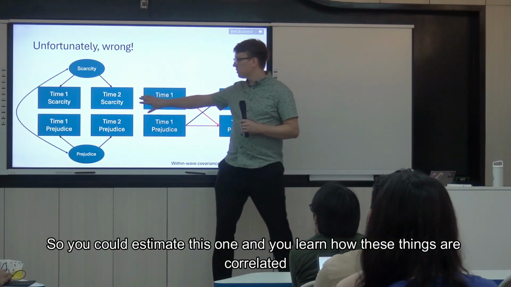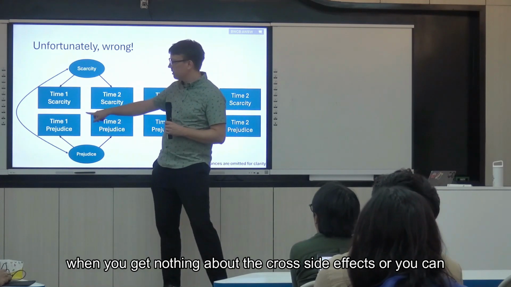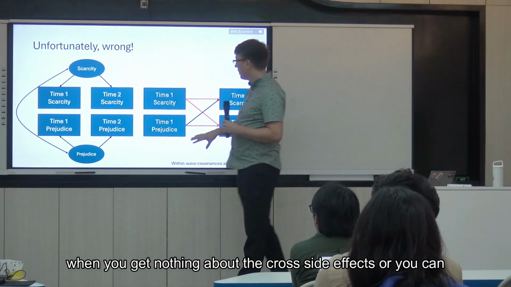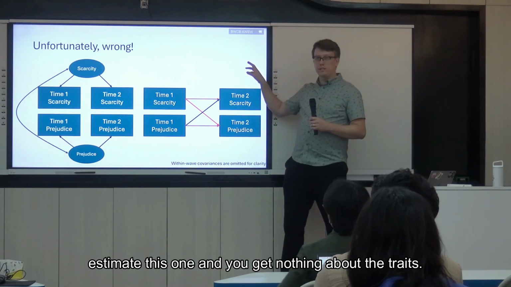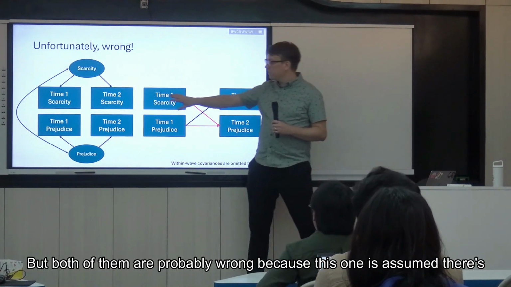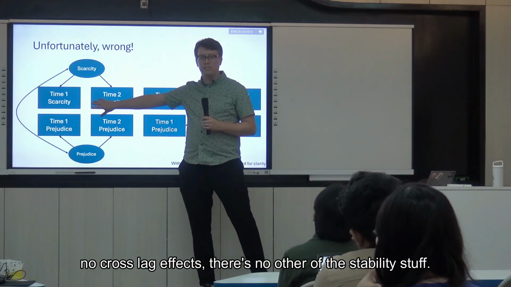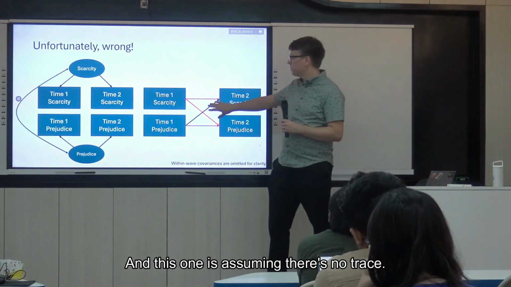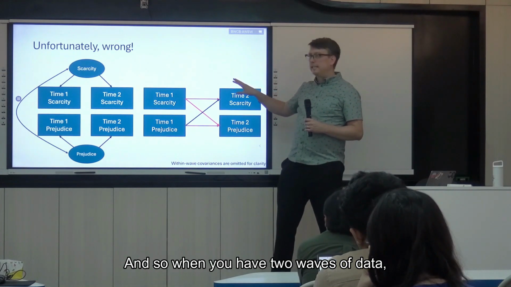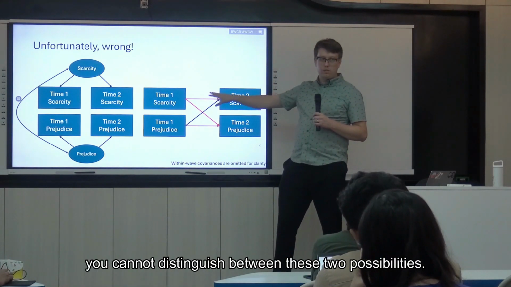So you could estimate this one, and you learn how these things are correlated, but you get nothing about the cross-lag effects. Or you can estimate this one, and you get nothing about the traits. But both of them are probably wrong, because this one is assuming there are no traits, and this one is assuming there are no cross-lag effects or stability. And so when you have two waves of data, you cannot distinguish between these two possibilities.